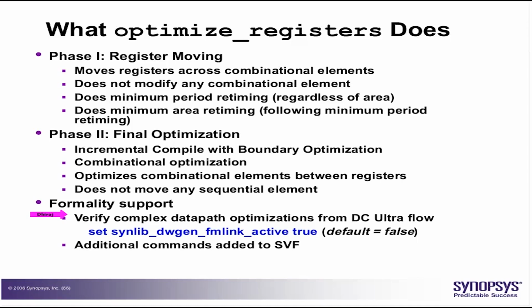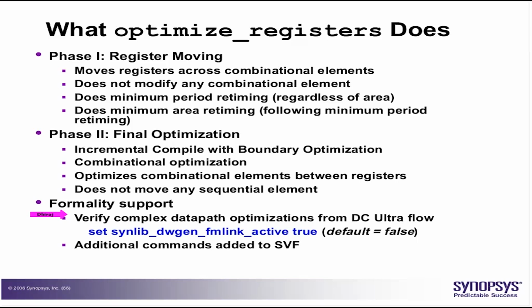Formality support, very important, because now you are moving registers. We will talk about it in Formality. Whenever we move registers, the placement of the sequential elements from the RTL is now altered in the netlist. The sequential elements that are in RTL are not at the same place in the netlist. They are moved around.